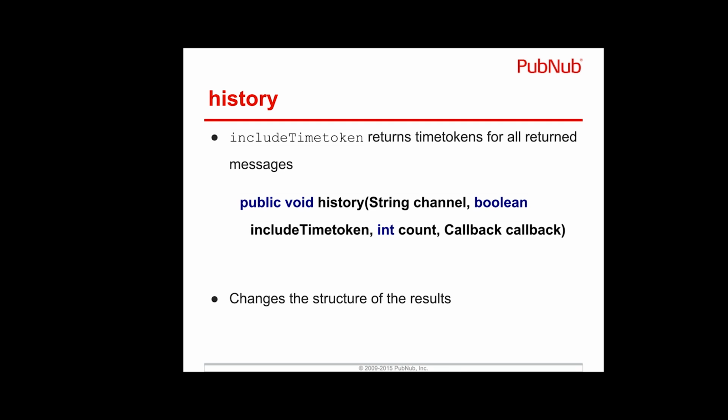You can include the time token in the messages that are being returned, and that may give you some ideas as to when those messages were sent. Usually a good idea, but it does change the structure of the results. What will happen is that the messages coming back will not only be the message, but it will include the time token for each one of those messages.